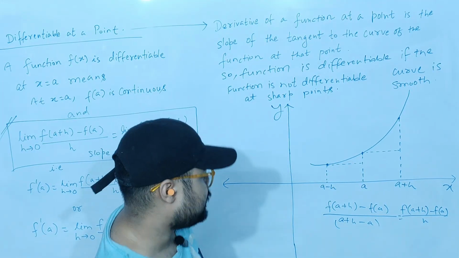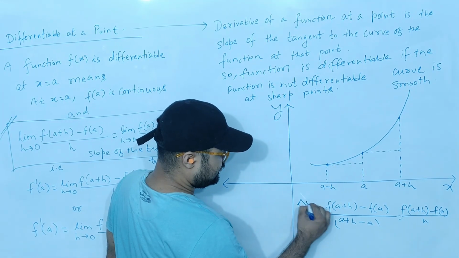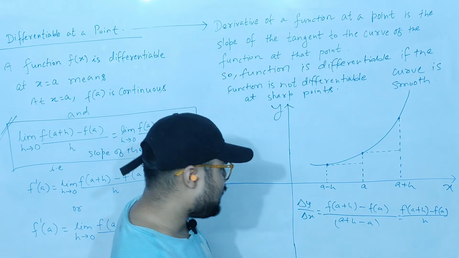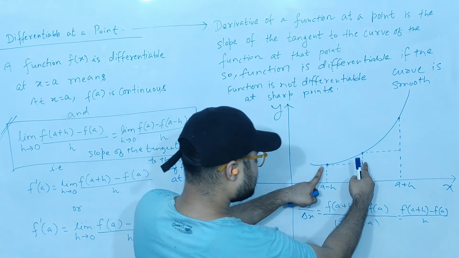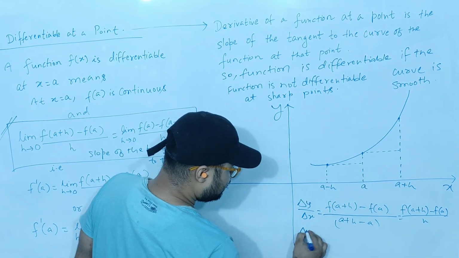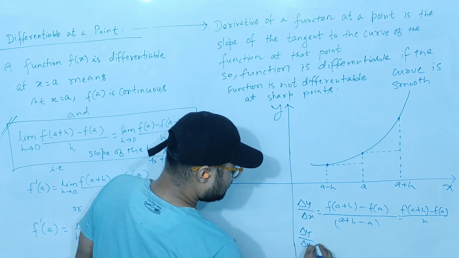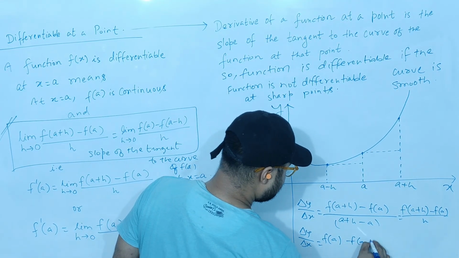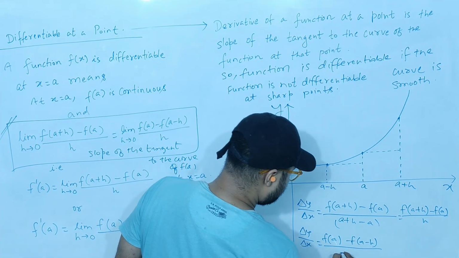The rate of change, delta y by delta x, is this. And when you look at this, then delta y by delta x is f of a minus f of a minus h divided by a minus h.